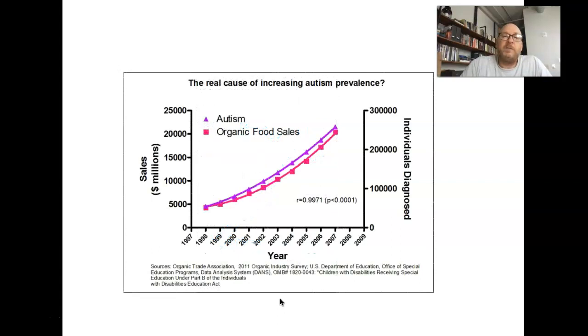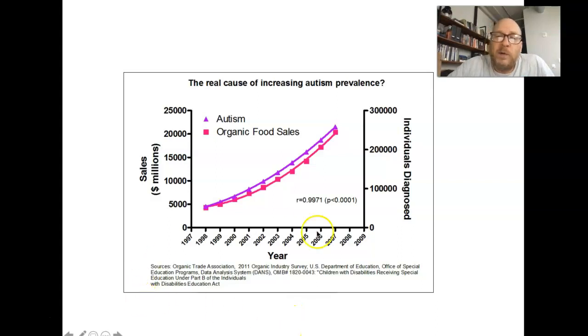Here's another interesting one. Again, this is not a scatter plot, but it shows two things changing over time. And what you see here is that over a 10-year period, autism diagnoses almost tripled, and the organic food sales almost quadrupled. So they increased very highly at a certain period of time.